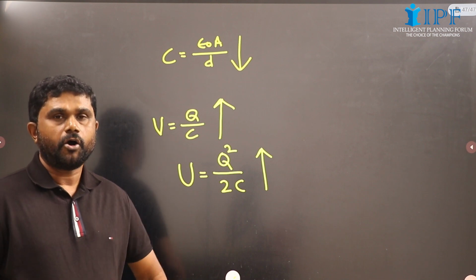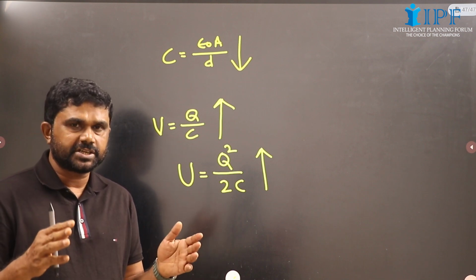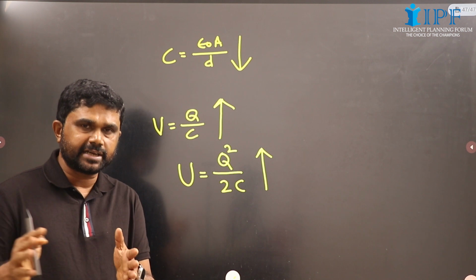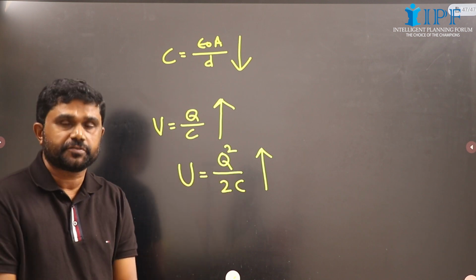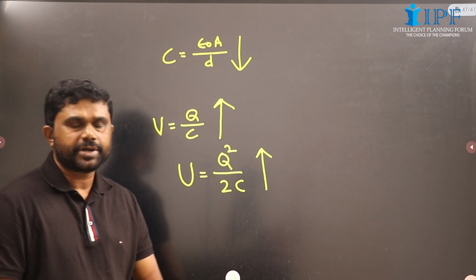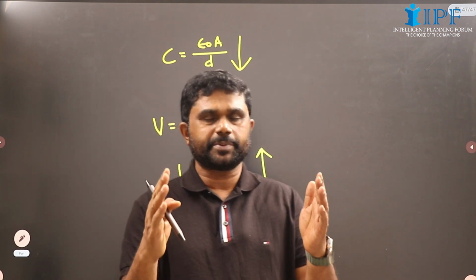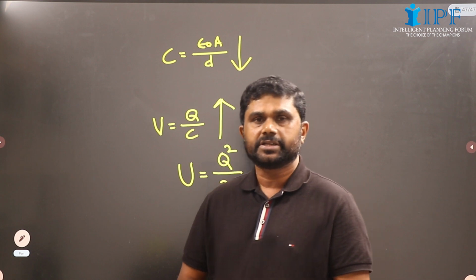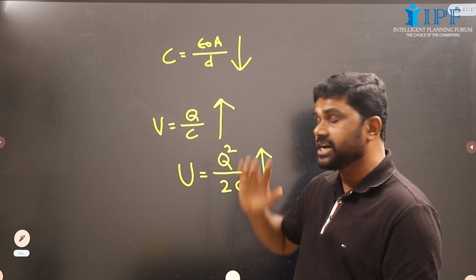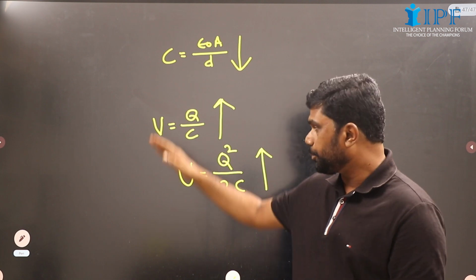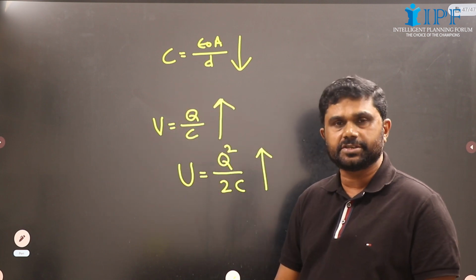All these happen when a capacitor is charged, disconnected from the cell, and the separation between the plates is increased by means of insulating handles. Suppose the separation is reduced, what will happen? The capacitance will increase. As said earlier, charge will remain constant, so the potential will decrease and energy will decrease.